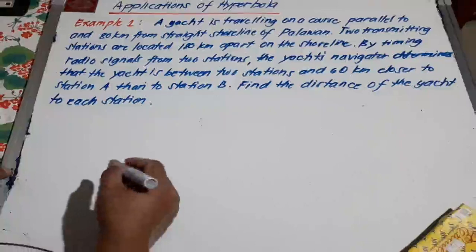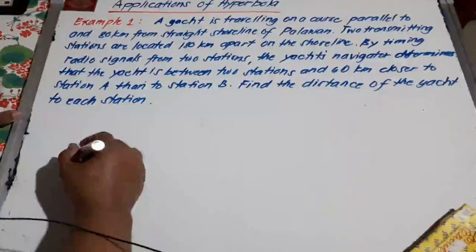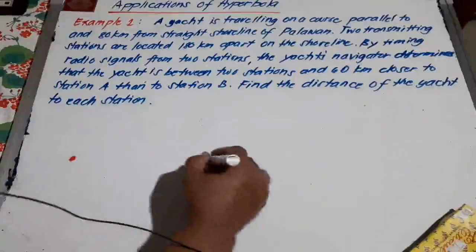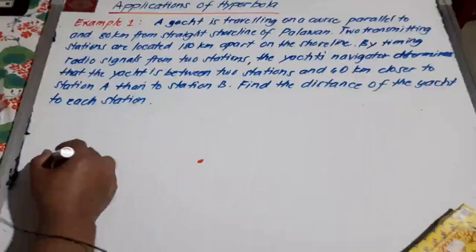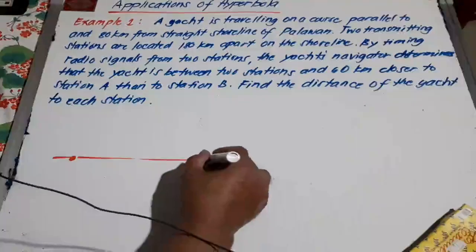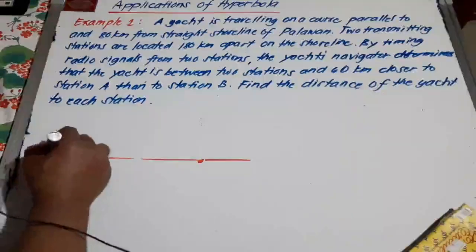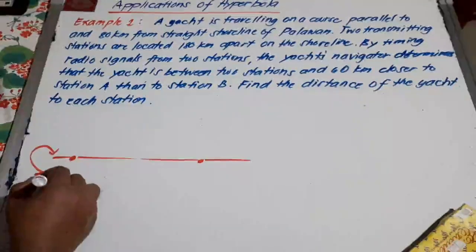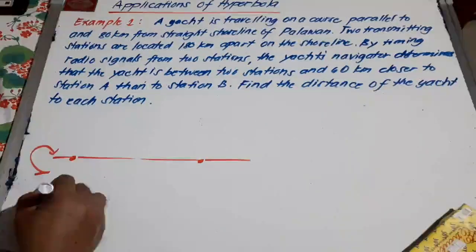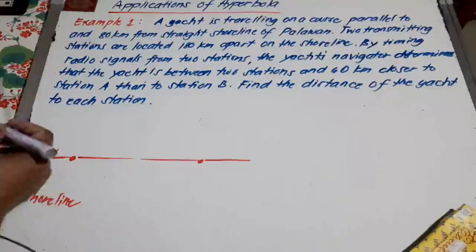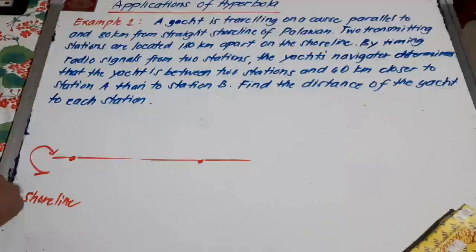So, meron tayong dalawang stations. Ito yung ating shoreline. So, alin ba mas malapit sa ship, sa yate, yung bang A or B?